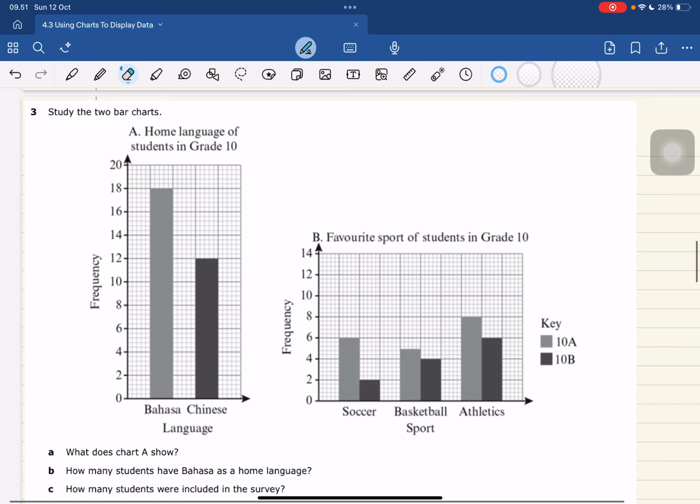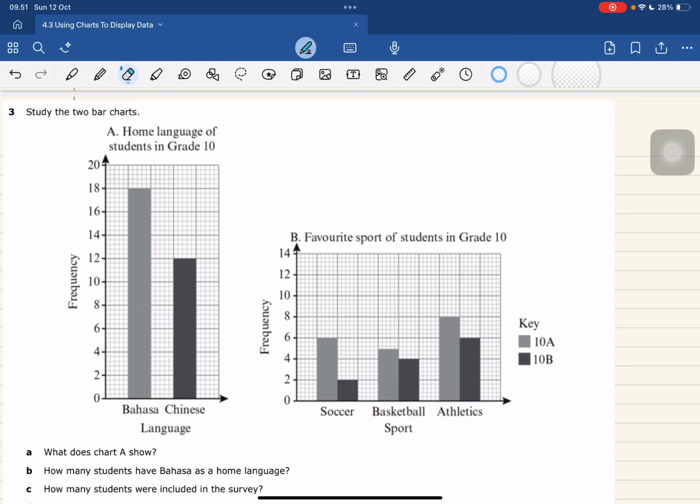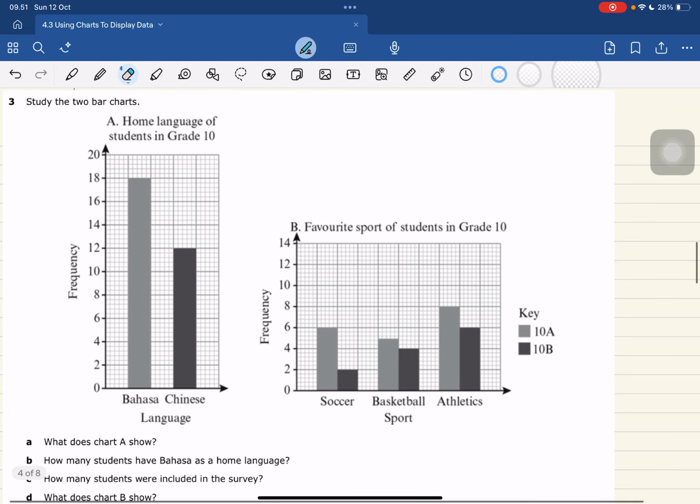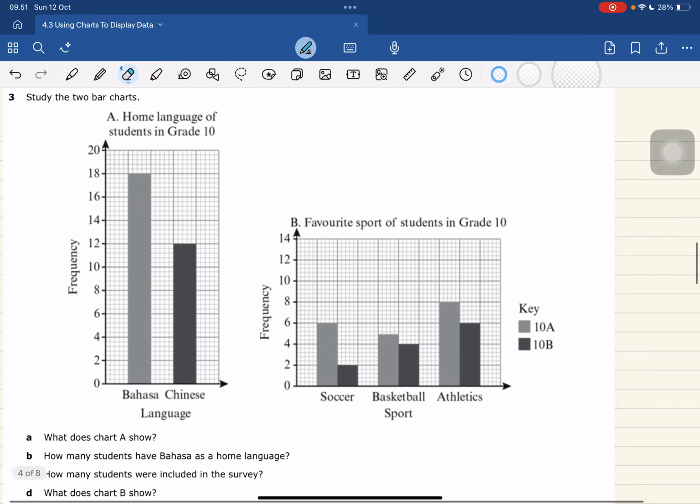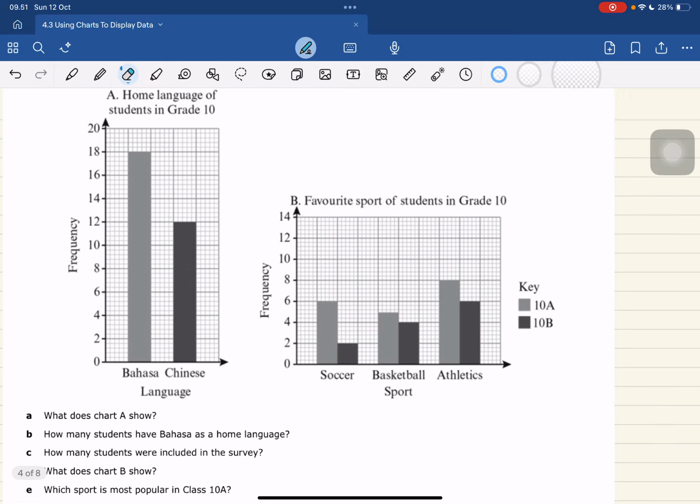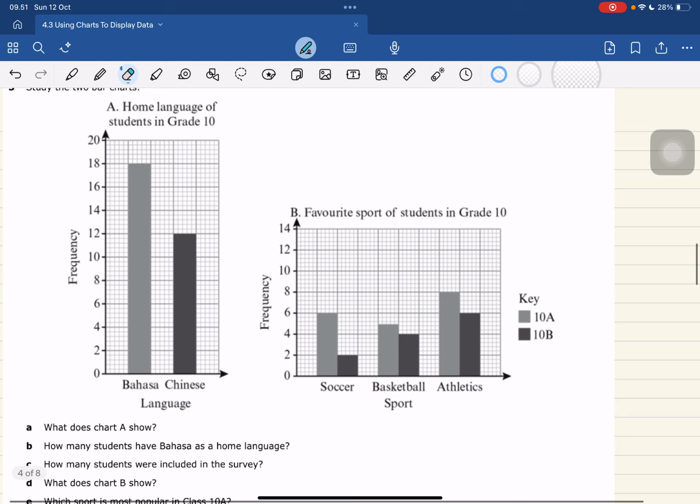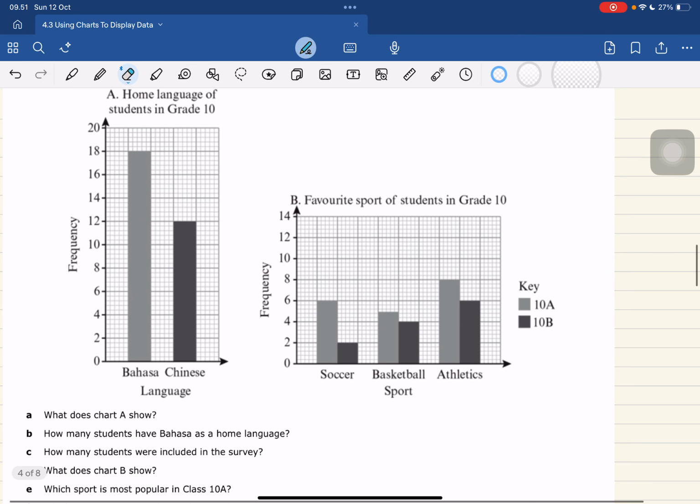Next, number 3. Study the two bar charts. A is the home language of students in grade 10 and B is the favorite sport of students in grade 10. What does chart A show? This is Bahasa and Chinese.